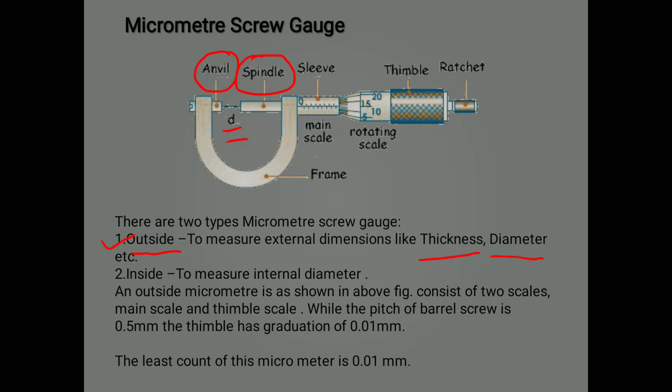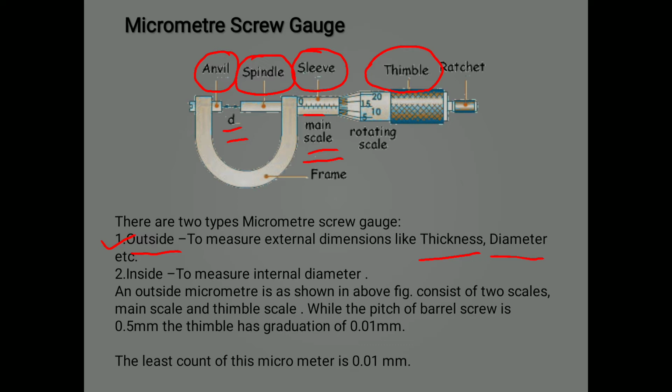Then you can see over here the sleeve on which the main scale is engraved. So here you can see the main scale, and after that successively you can see the thimble, which is given to give the screw thread motion.